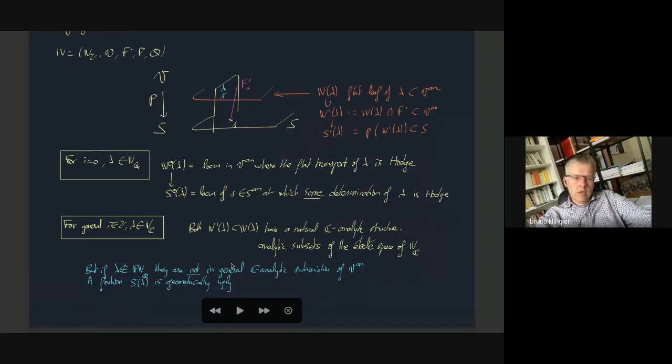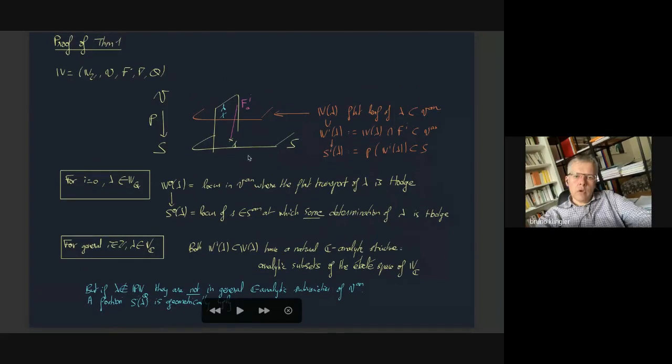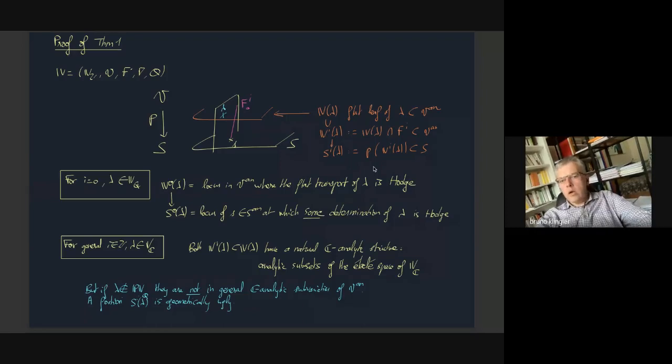And so the geometry of those V_i(lambda) and of its projection S_i(lambda) for general lambda is just disgusting. This comes from the fact that lambda can have an orbit under the monodromy which is dense. So there is no way V_i(lambda) will be nice enough. It's just a disgusting set.